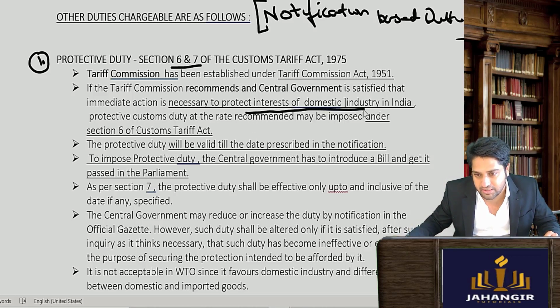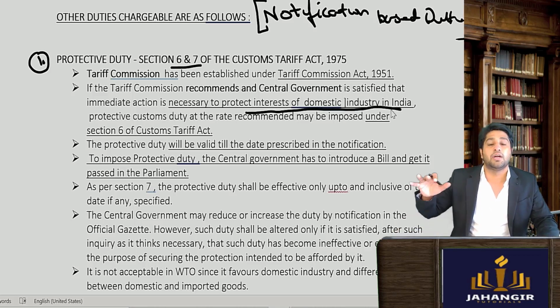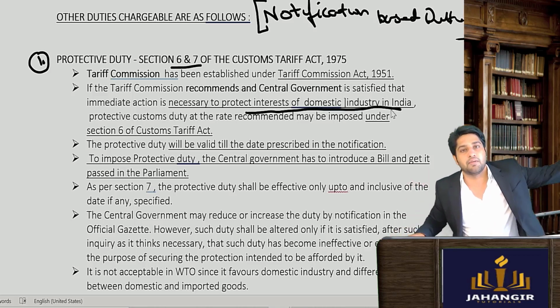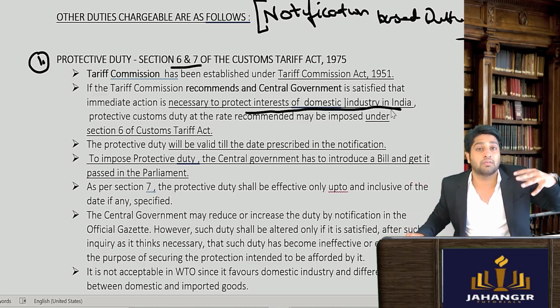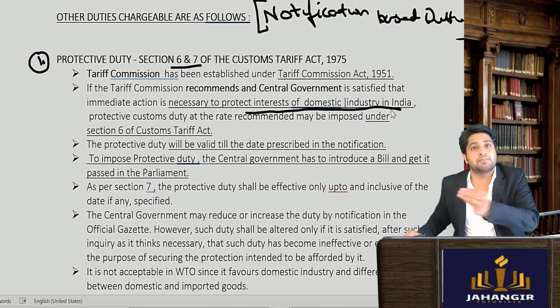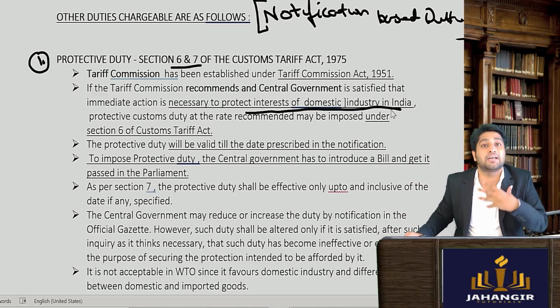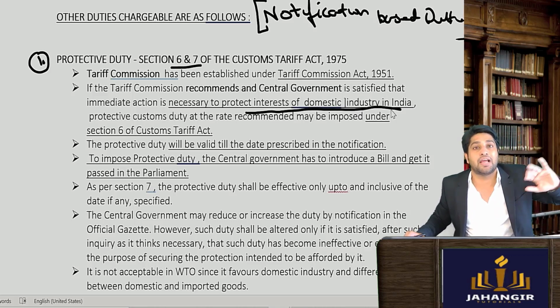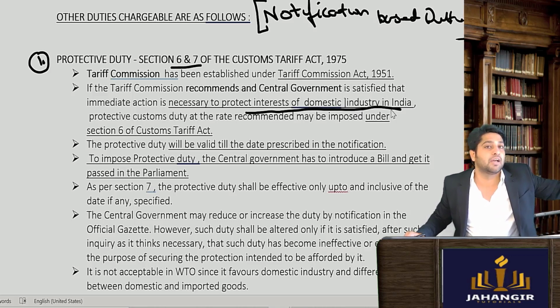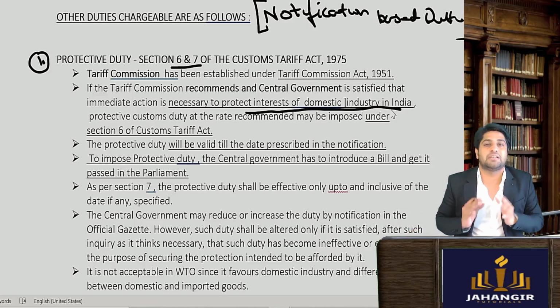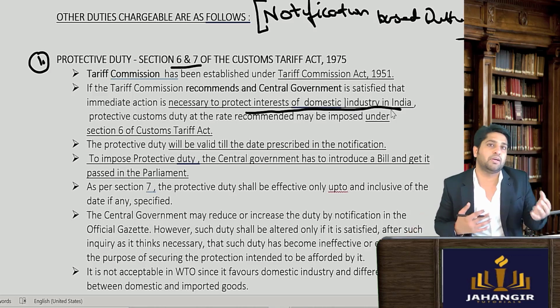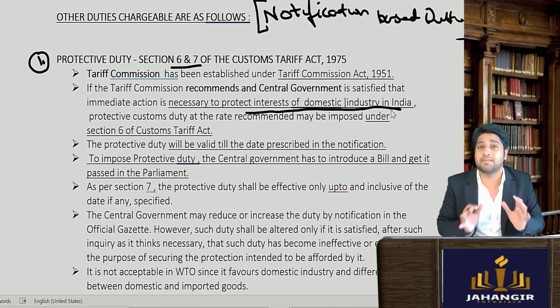When I say domestic industry needs to be protected, what do I mean? Dealers in India. What if imported goods are imported and nobody is buying from the domestic dealers? So shouldn't the government of India have some rights to prohibit or levy some more tax on these imported goods? Sometimes our objective is not only to allow free trade.